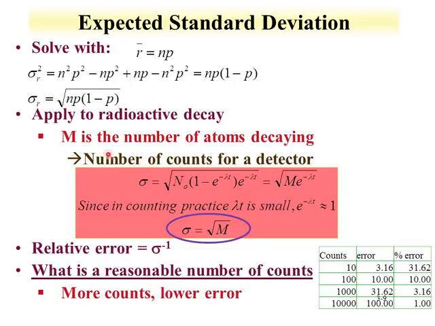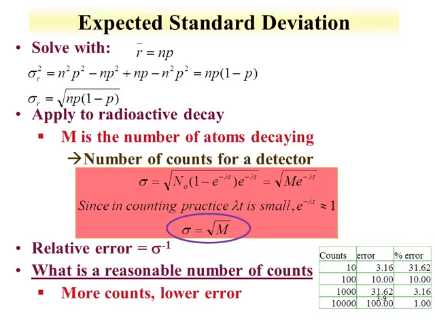I just expand this equation to include terms that relate to radioactive decay. So sigma is equal to the square root of N naught times (1 minus e to the minus lambda t) times e to the minus lambda t. Well, that's just equal to the square root of m times e to the minus lambda t.